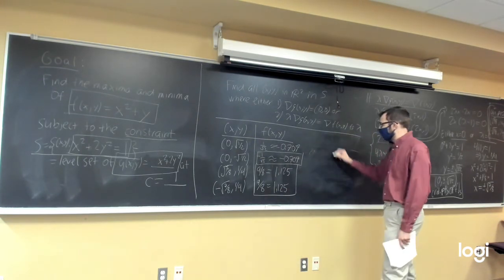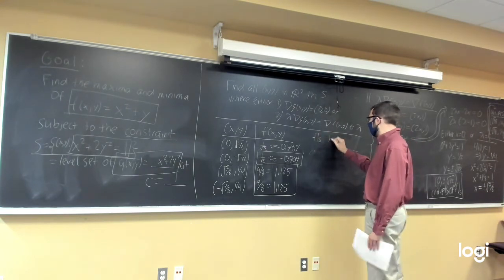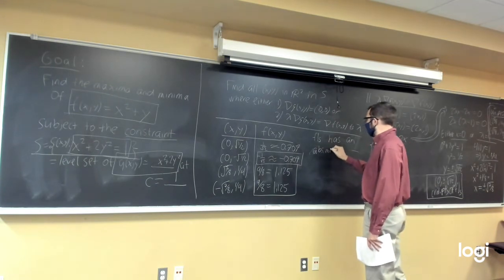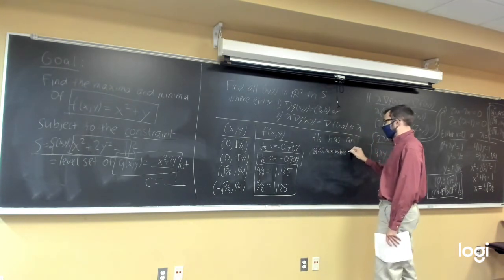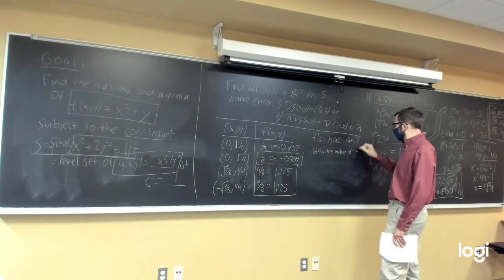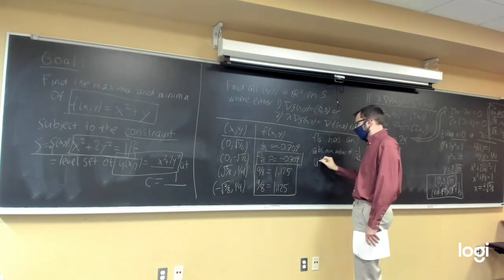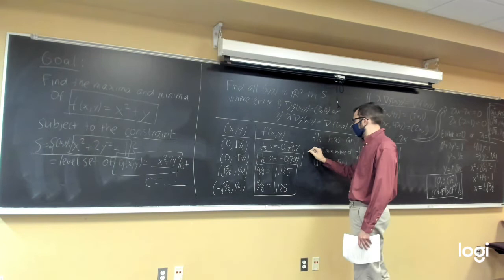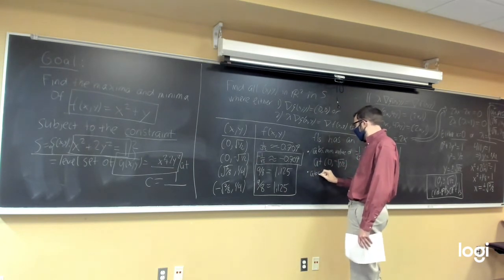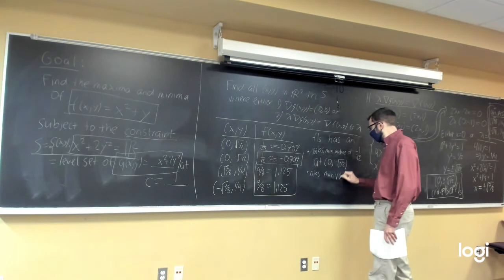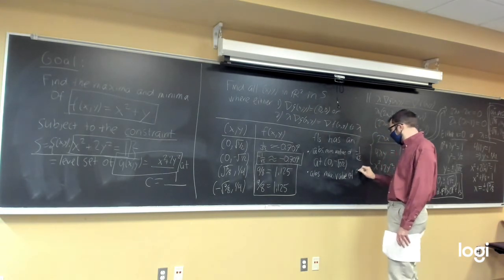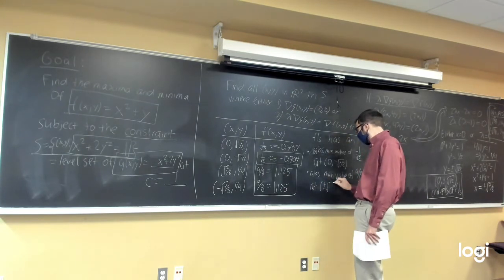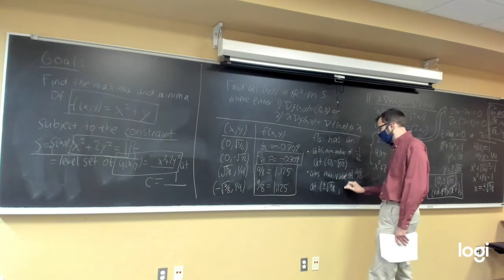So what we can say is that f restricted to S has an absolute minimum value of -1 over square root of 2 at the point 0, comma, negative square root of a half, and an absolute maximum value of 9/8 at 2 points at plus or minus square root of 7/8, comma, 1/4.